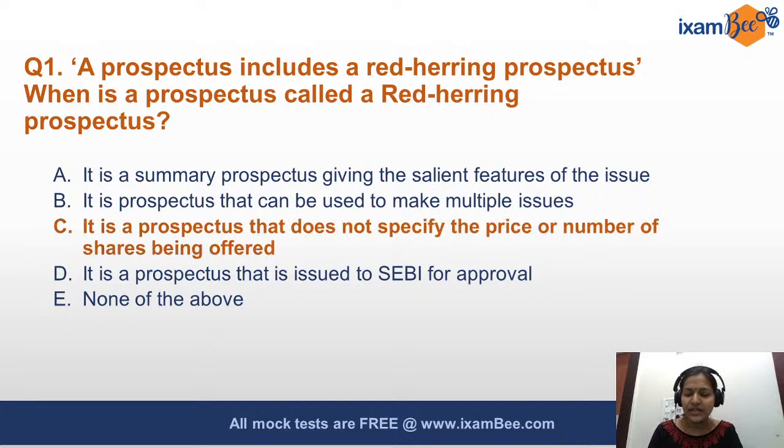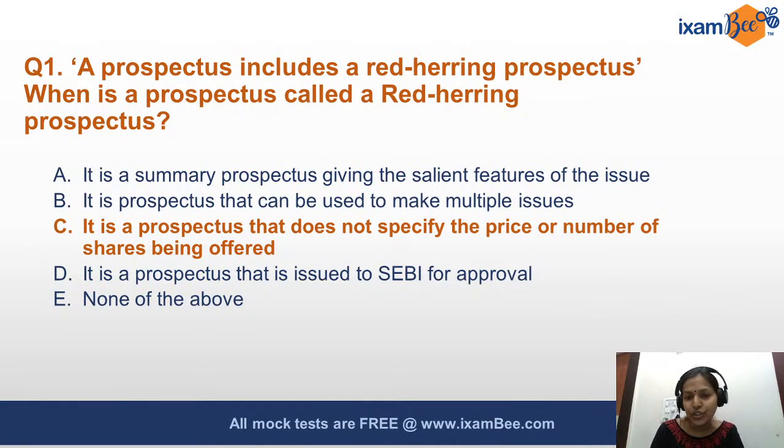Yes, so it's a relatively easy one, but red herring prospectus, shelf prospectus, abridged prospectus, these are very, very important concepts, and having clarity in all these is very, very important. So very good that all of you are correct that it is a prospectus that does not specify the price or the number. So usually a price band is given.